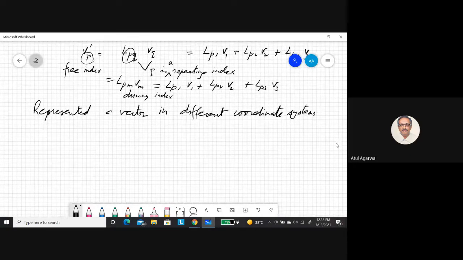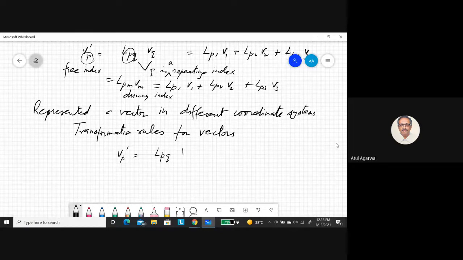So these are known as transformation rules for vectors. What is the transformation rule? V prime, where prime is in the primed coordinate system and non-prime is in the original lab system.